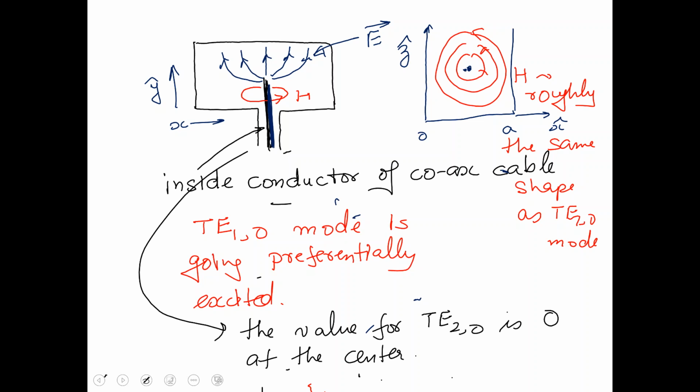So that's how you excite the TE modes. In TE modes, you basically go to the cross section, drill a hole, and bring your coax cable's inner conductor inside the waveguide to excite a specific TE mode.